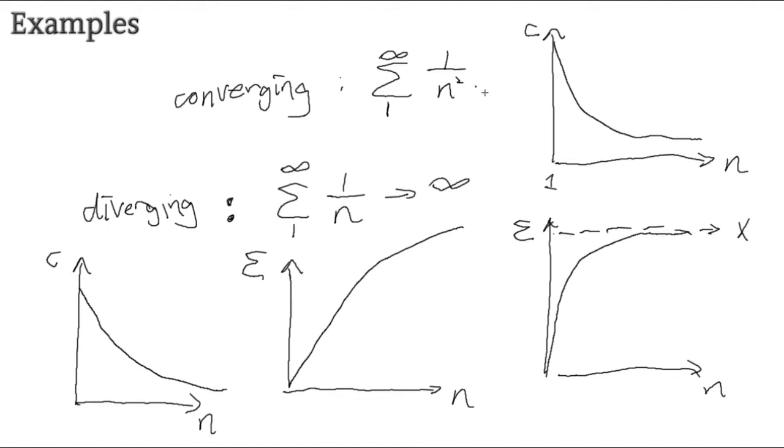The previous one converged towards a certain x. So when a value tends to plus or minus infinity, then you know it is called a diverging series.